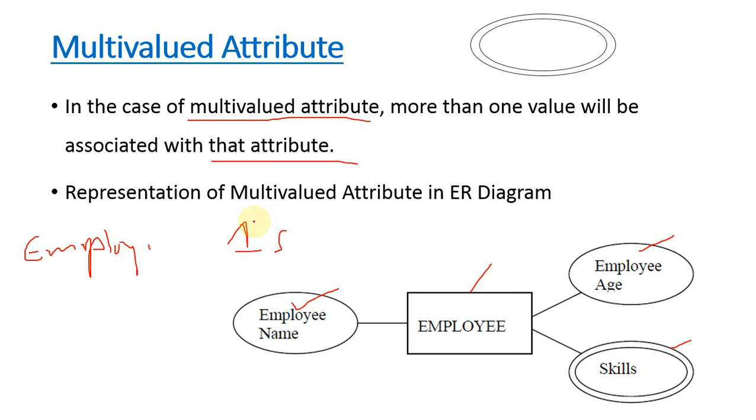One particular lecturer can conduct different types of subjects, like English, Hindi, Kannada and technical subjects. Similarly, an employee may have many skills. So skills must be represented as a multi-valued attribute.